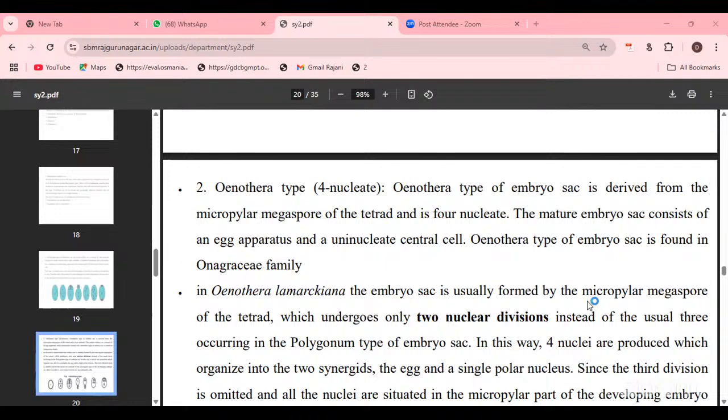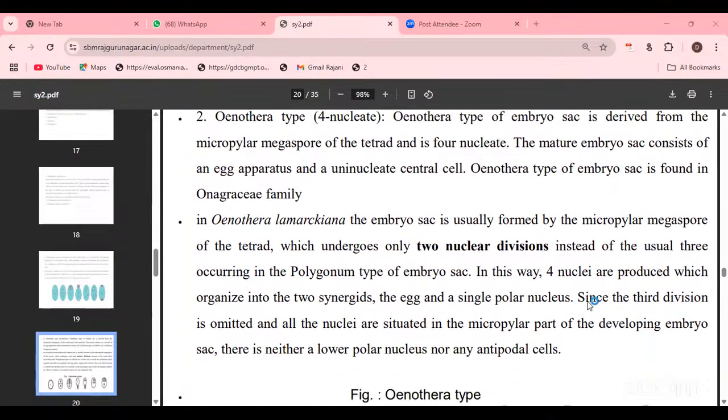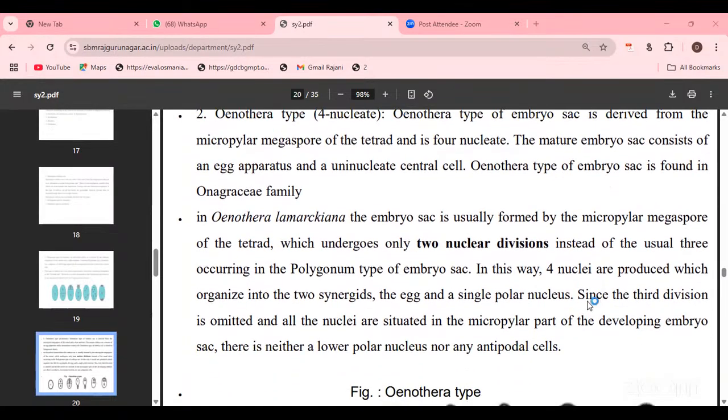The Oenothera type of embryo sac is found in the Onagraceae family. In Oenothera lamarckiana, the embryo sac is usually formed by the micropylar megaspore of the tetrad, which undergoes only 2 nuclear divisions instead of the usual 3 occurring in the polygonum type of embryo sac.